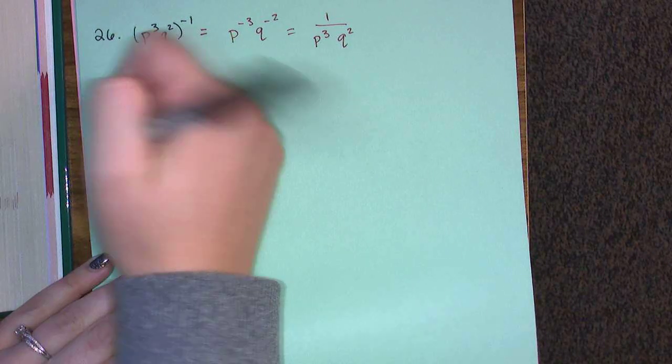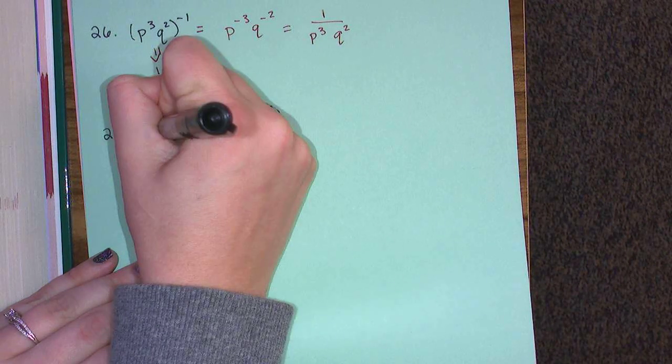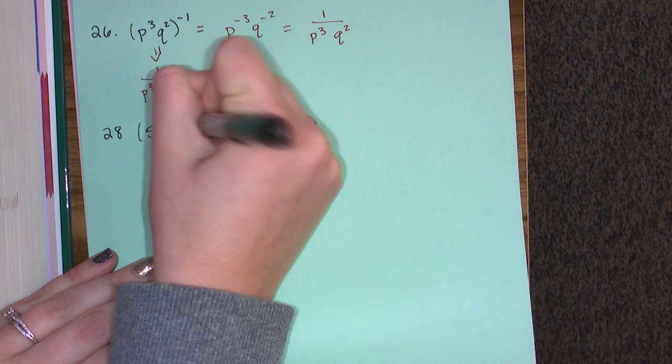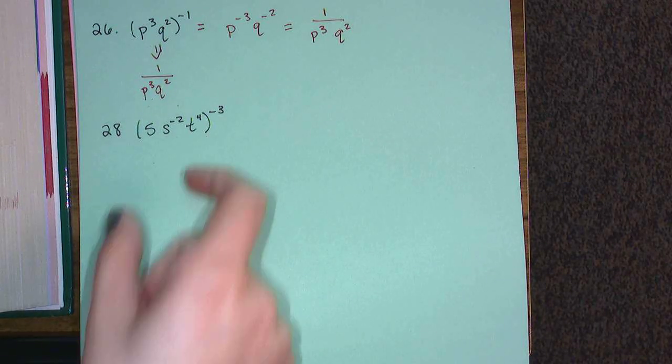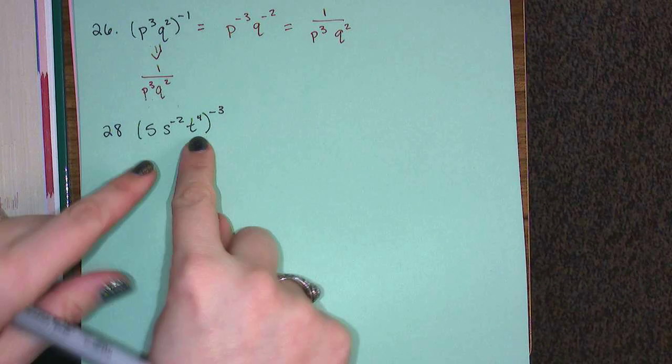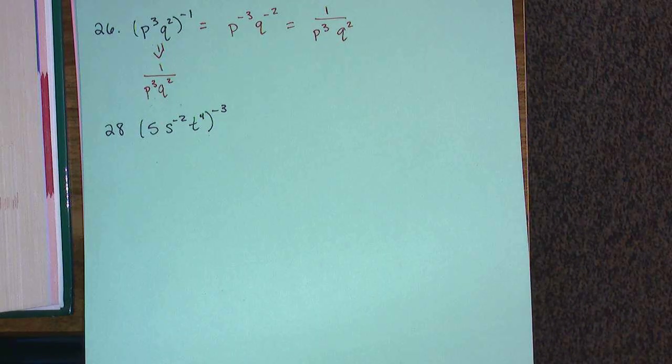Okay. Just so we see, similar to this one, we have, in parentheses, 5, s to the negative 2, t to the 4th, all raised to the negative 3. So you technically have two options here, but my recommendation with one that has a lot of stuff going on is this: if these were just like 5st, I would say just write it as 1 over 5st cubed, and then go through and put the cubed on everything.